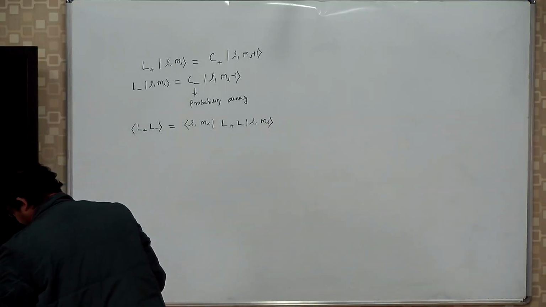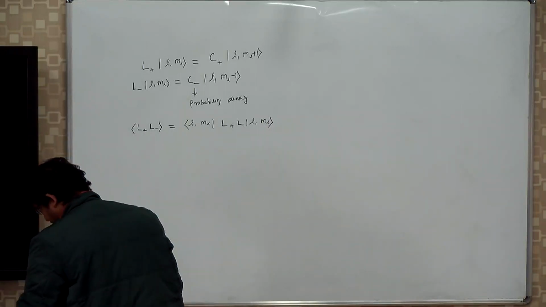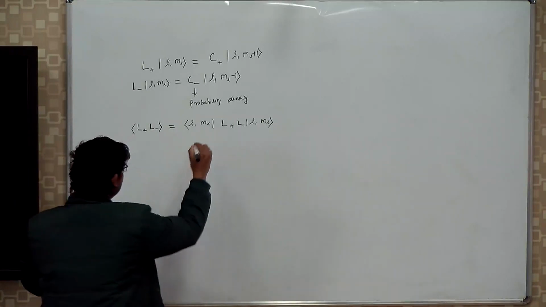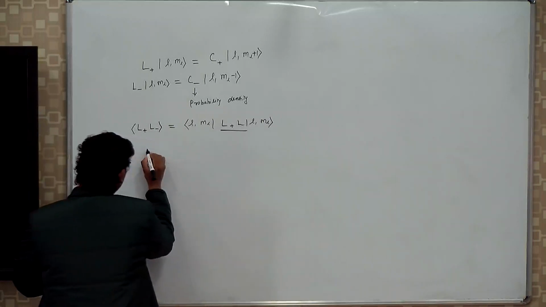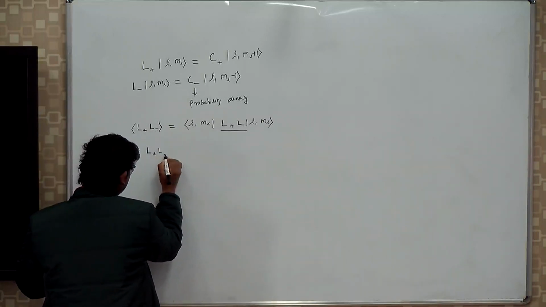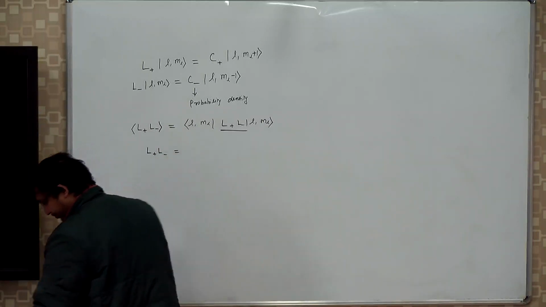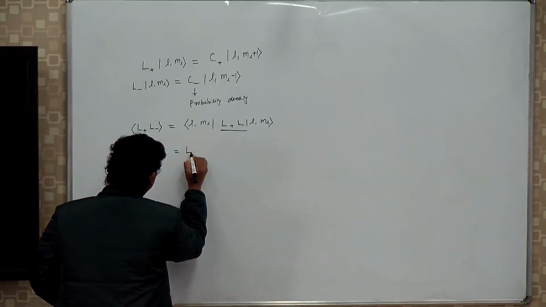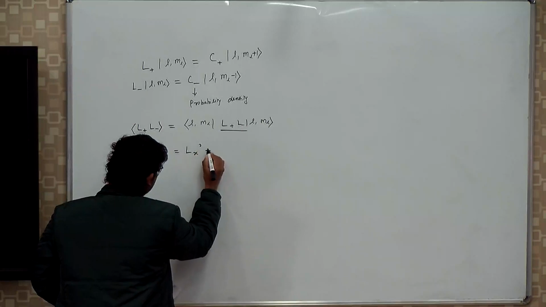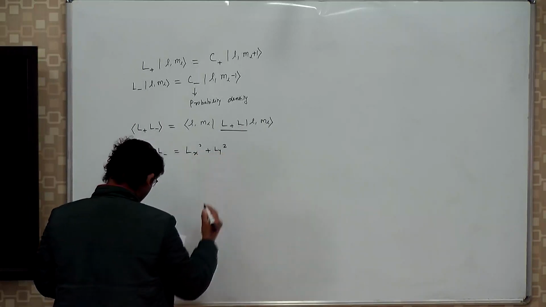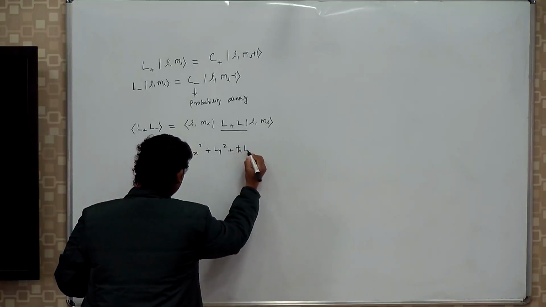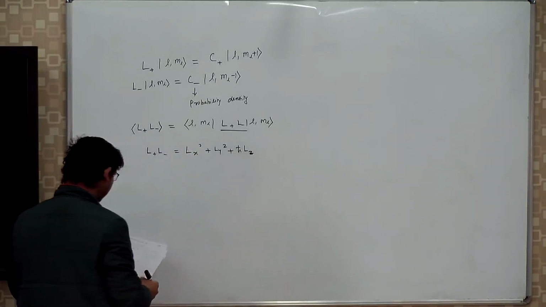But we know that this combination L plus L minus is nothing but Lx square plus Ly square plus H cross Lz.